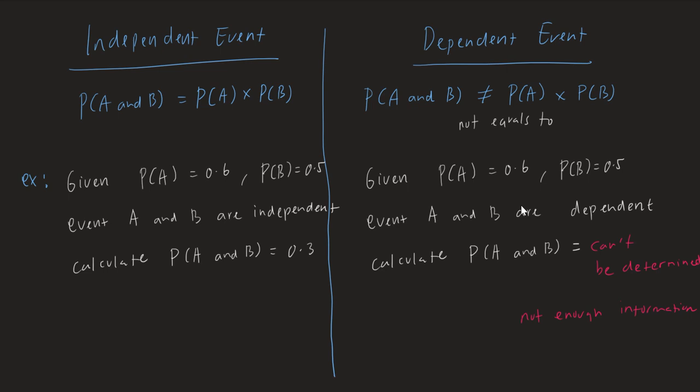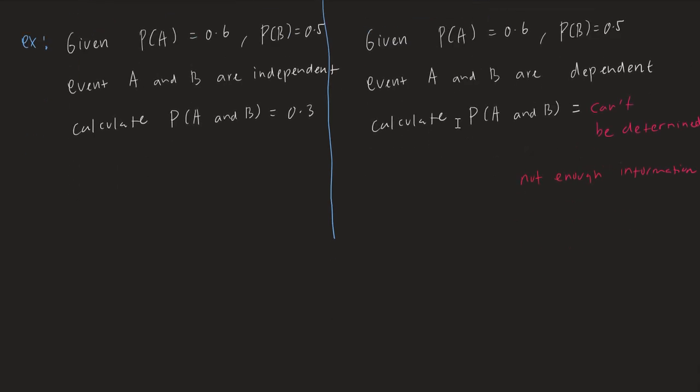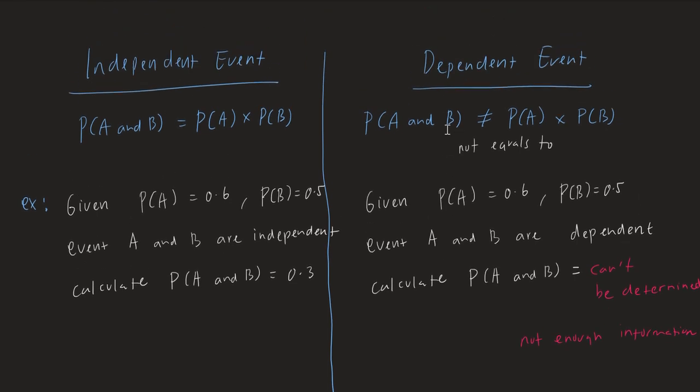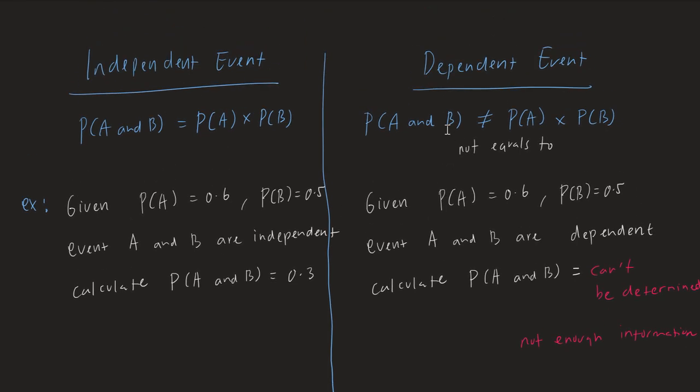If I were to do the equation they said, probability of A times probability of B given A, to get the probability of A and B when it's dependent, then probability of A is 0.6 times the probability of B given A.